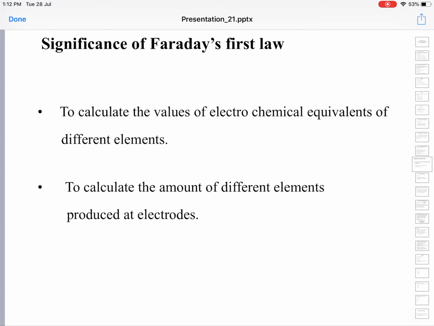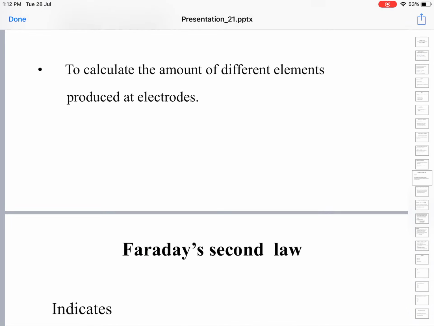Secondly, we can also calculate how much of a substance can be deposited or liberated by the passage of a certain quantity of electricity.